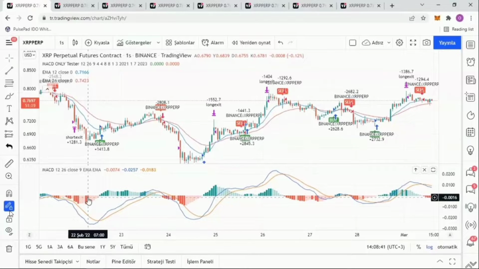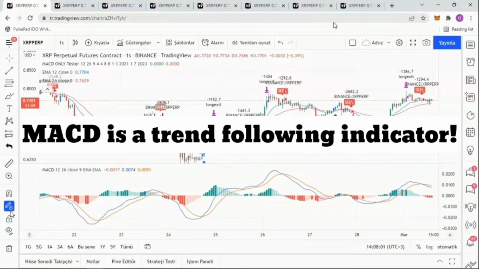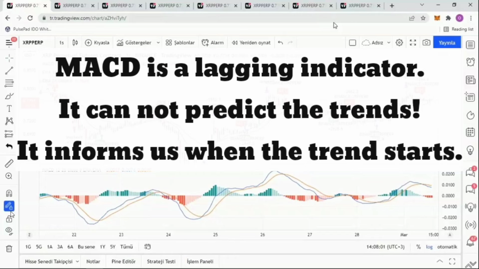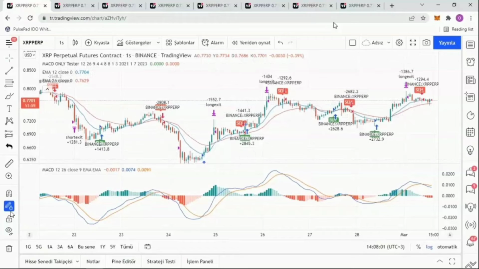First, let's understand how MACD works, what is the mathematical model behind it, and after that, we will be able to use this popular indicator with all its potential. MACD follows the trends. It's a lagging indicator, which means when it gives you a signal, the trend has already started. It does not predict the trend beforehand but informs us when the trend starts.